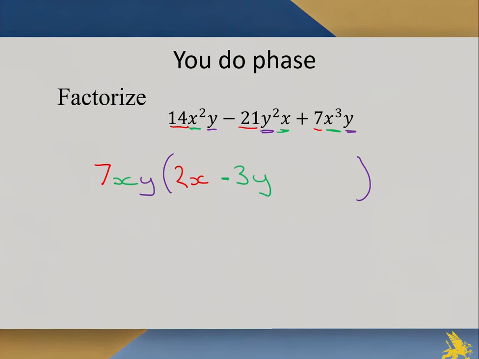I just need one more y, and I've already got my x. And then the final one, I've already got my number of 7, but I need 2 more x's, so it'll be x squared, and I've got enough y's. So the factorized form is 7xy in brackets 2x take away 3y plus x squared.